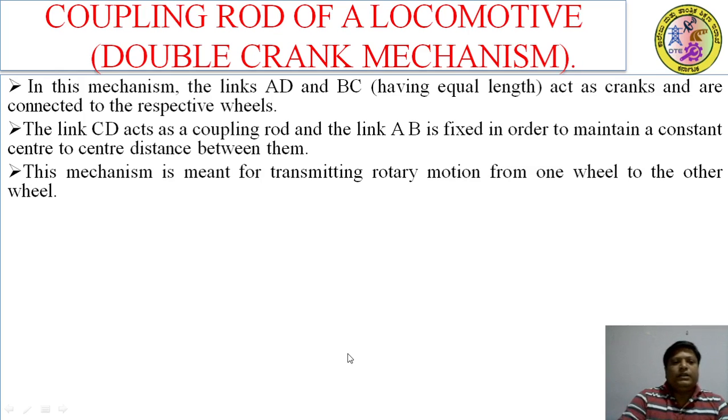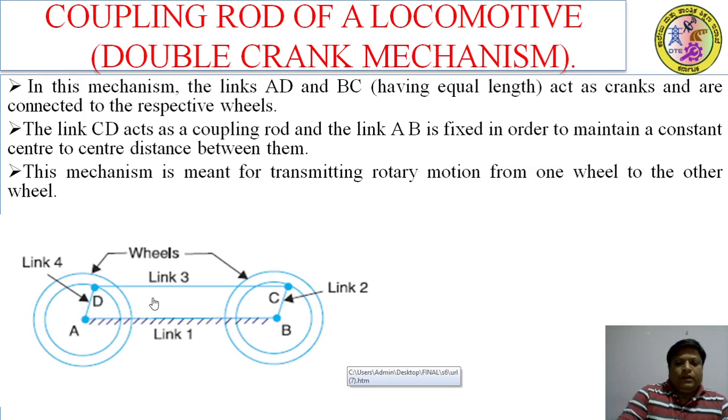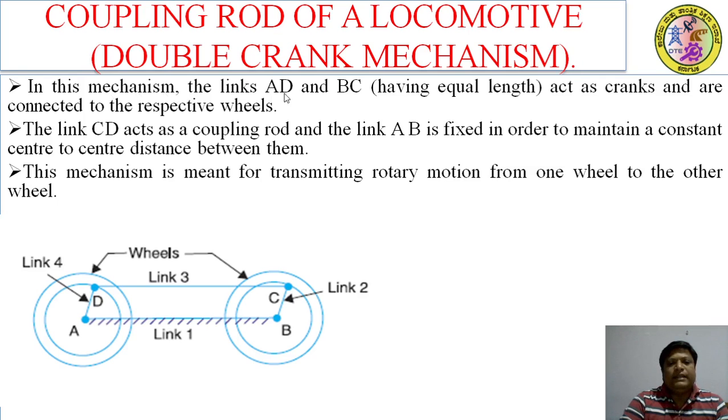Let us move to another one, the coupling rod of locomotives. In this mechanism, the links AD and BC have equal length.